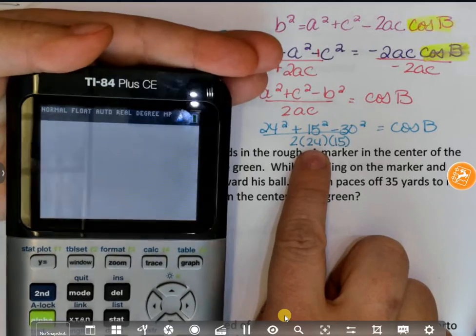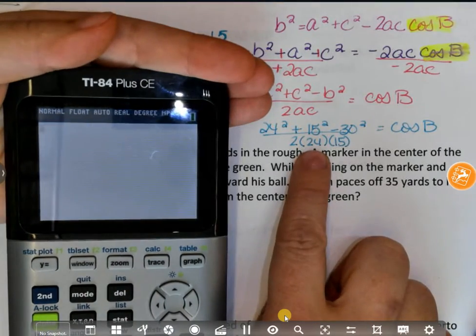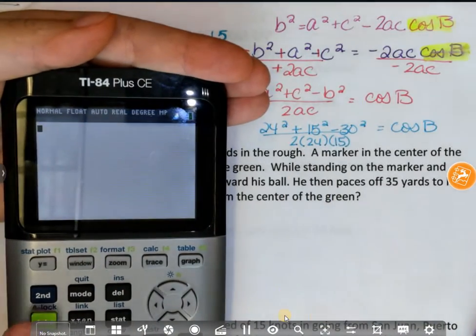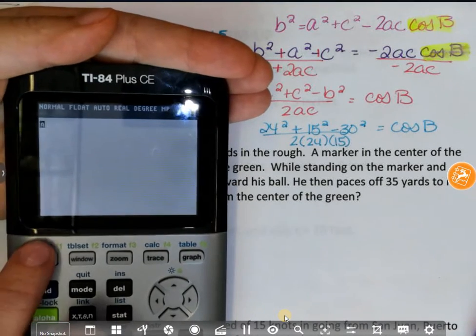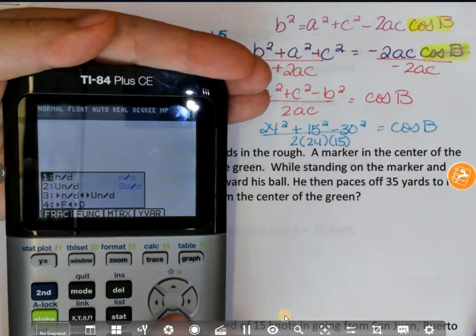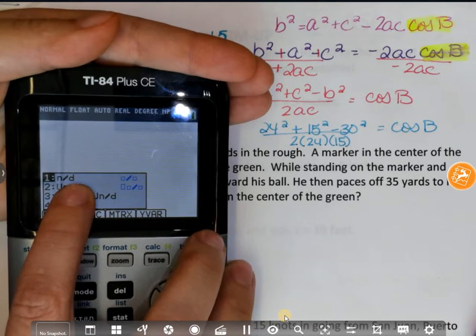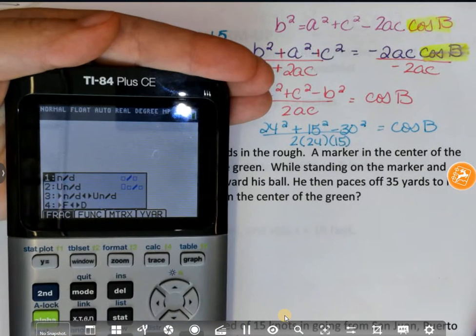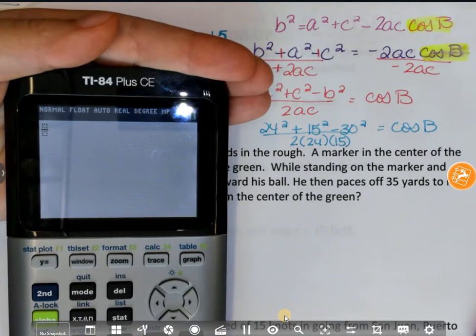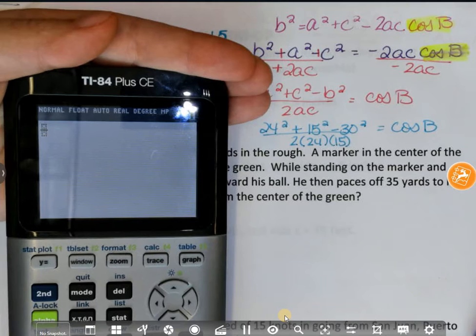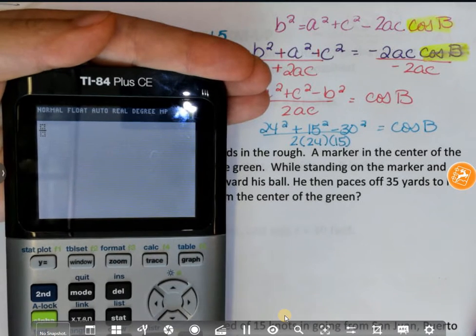And to try to make sure we type that into the calculator right can be a little bit difficult. So I don't know if you know this trick. Alpha y equals. It's literally called pretty type. Or at least that's what I was told it was called. And if you go to that first option, it pops up for you a fraction bar. You just type top in the top, bottom in the bottom.